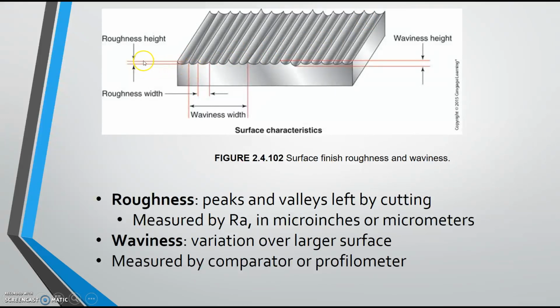So what's the difference between roughness and waviness? Well, waviness basically tells us how roughness will change over an entire surface. When we talked about surface plates a few weeks back, we talked about the fact that not only do different grades have different tolerances, but different size plates have different tolerances.